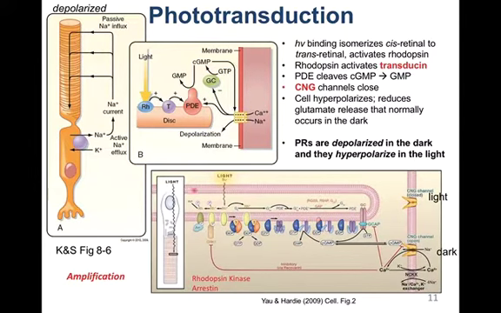So once we activate this pathway in response to light, how do we turn it off? Rhodopsin kinase is a kinase, a protein that will phosphorylate rhodopsin. Once rhodopsin is phosphorylated, arrestin can bind, and once you have phosphorylated rhodopsin with arrestin bound, that rhodopsin is turned off.